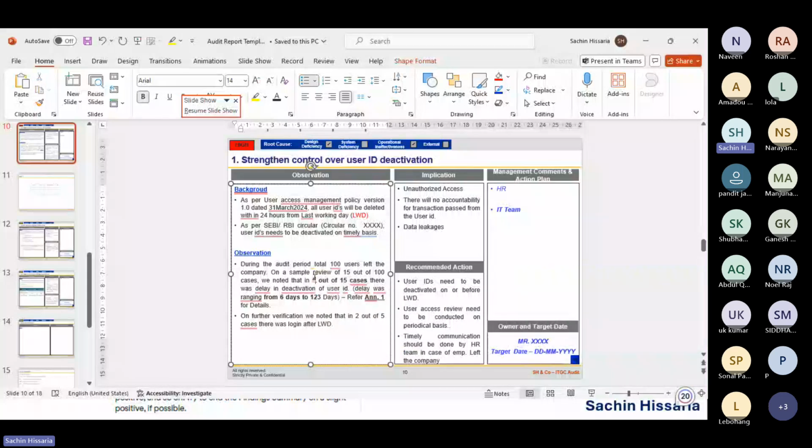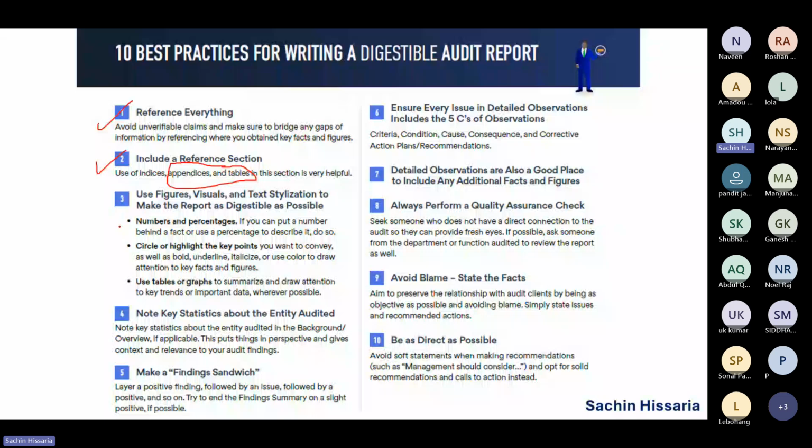So they give this kind of detail as well. It is always best practice to highlight the numbers, put things in numbers or percentages, circle or highlight a key point, and use a table or a graph, so that the reader of the report can give quick attention to that particular part only.